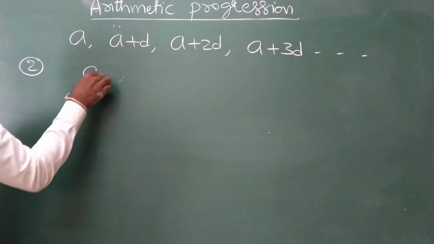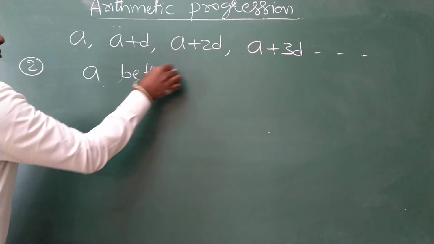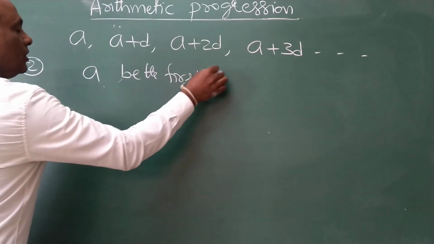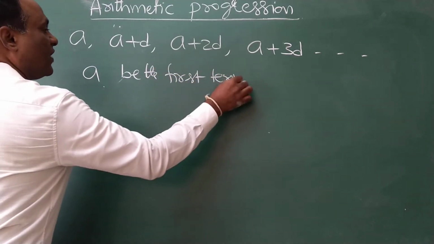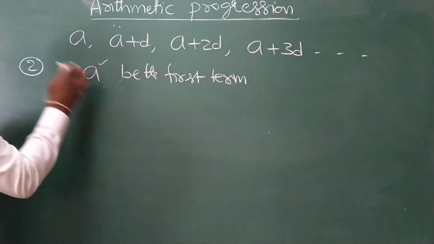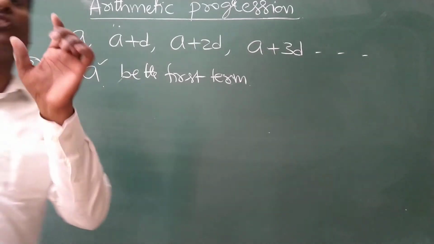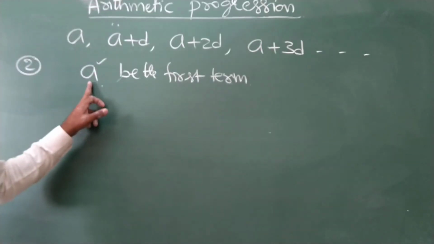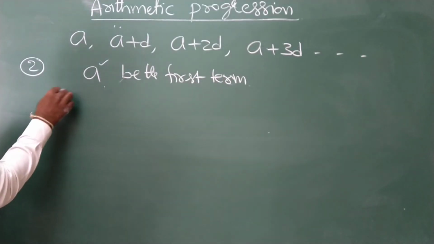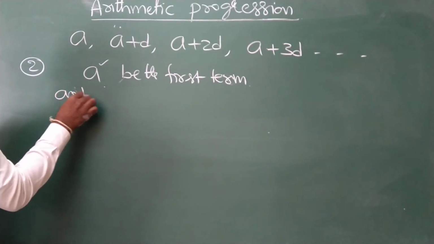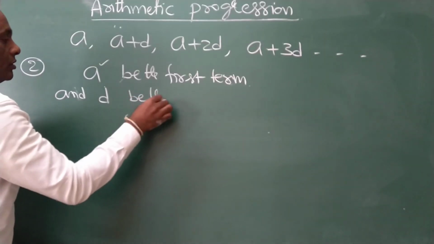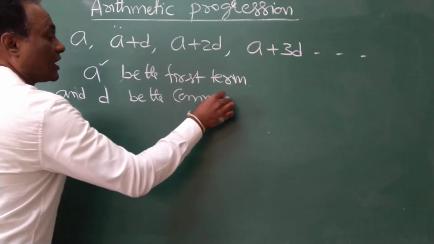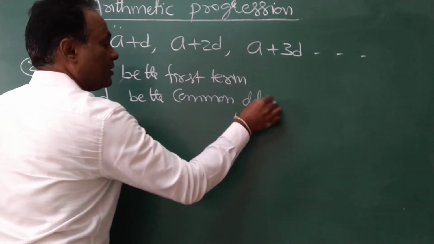Second point, let A be the first term. In an arithmetic progression, the first term is always denoted by the symbol A. And D be the common difference, the term which is added.